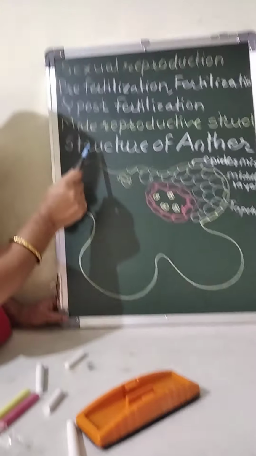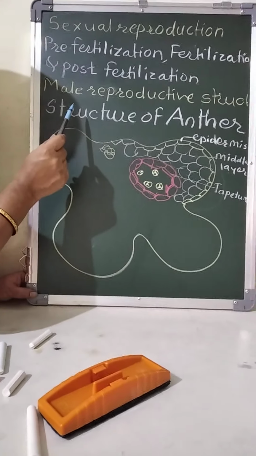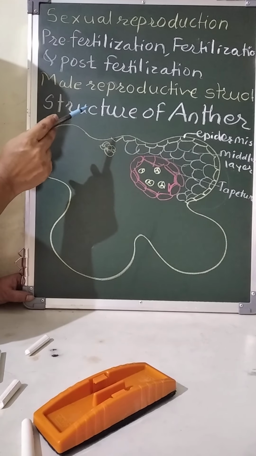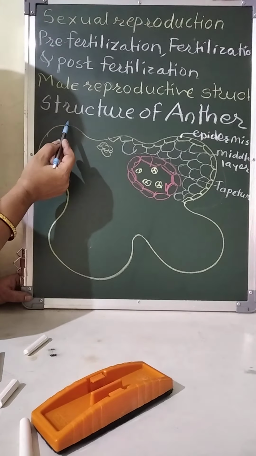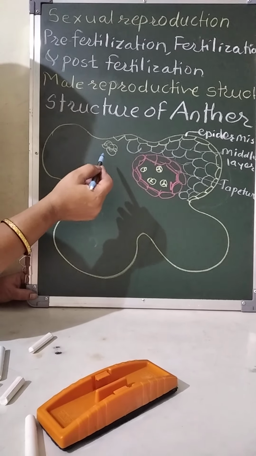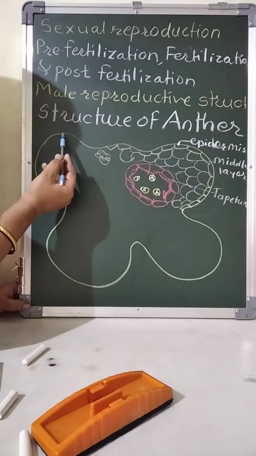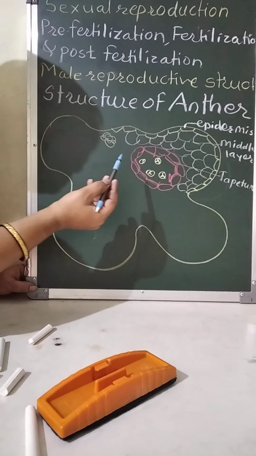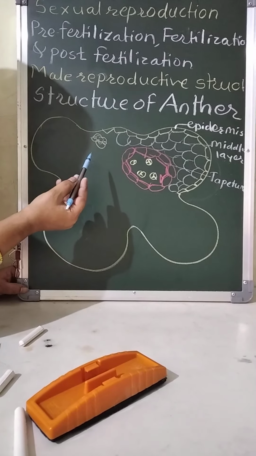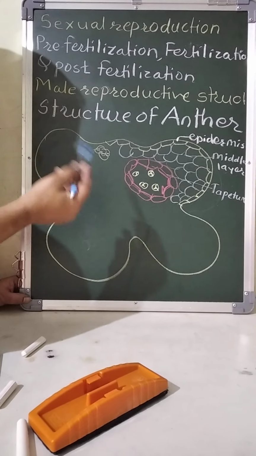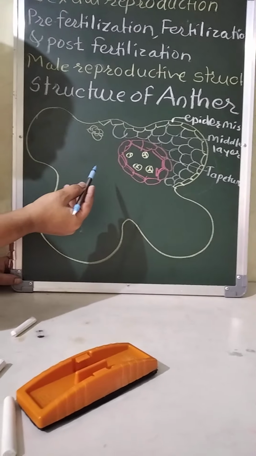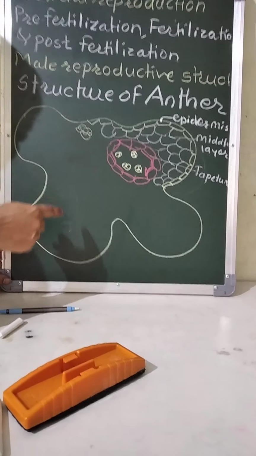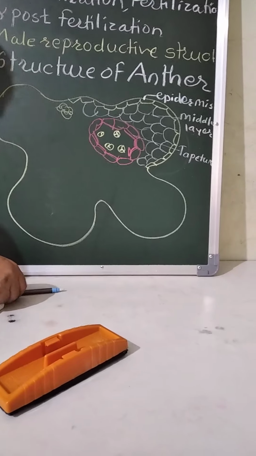Inside this anther lobe, there is a formation of pollen grains, and if you take a section of this anther, we will see different structures. Later on we see the structure of anther, in which pollen grains are formed, and later on these pollen grains develop the male gametes.